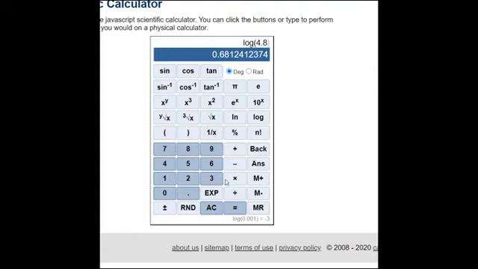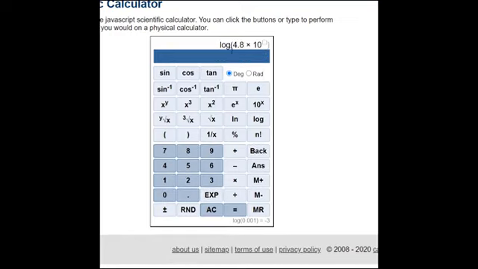Now remember, to do the exponent, we're going to do EXP down here. And that puts in the 4.8 times 10 to the, and I'm just going to do a negative 8. So we can see that the log of 4.8 times 10 to the negative 8 is negative 7.3187, and so on and so on.